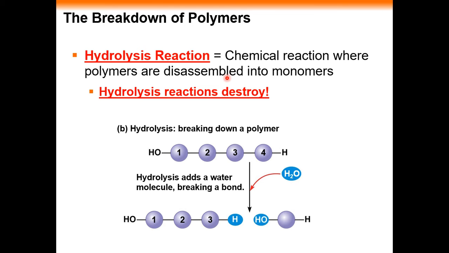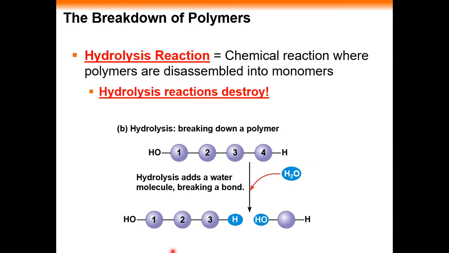Hydrolysis reactions are the opposite. Lysis actually means to destroy or to cut. So hydrolysis reactions, when you do the exact opposite, they destroy. You break down a polymer, you chop off this piece, now you have an individual monomer. Then you do it again, you chop off this piece, now you have an individual monomer.